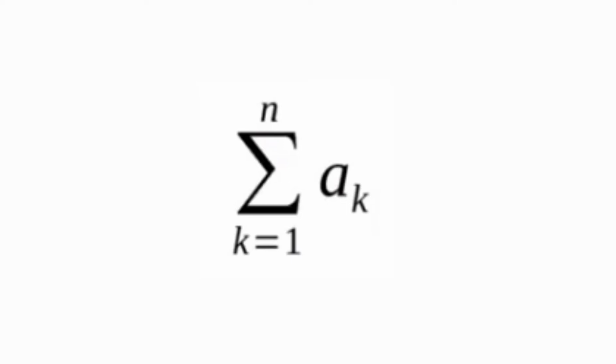Above the sigma symbol is the ending value, which is n, that will be replaced by a different integer. Beside the sigma symbol is the closed formula that we use to get any given term at the position k and add it on to our running total.